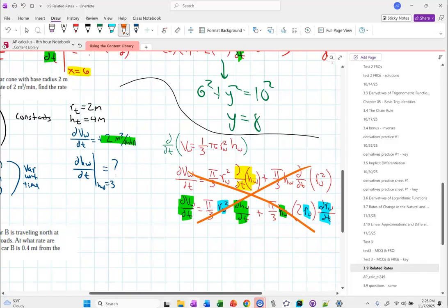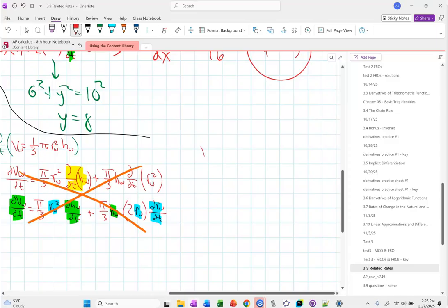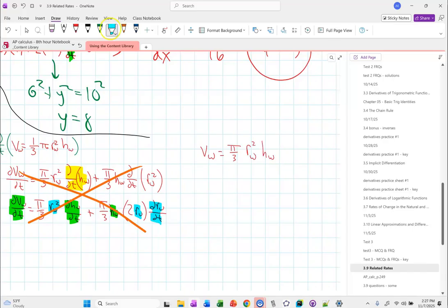We need to go back to here. We need to find a way to remove RW from our equation.